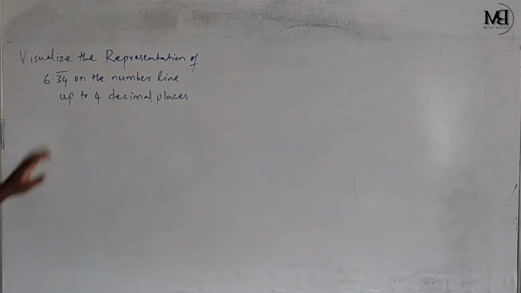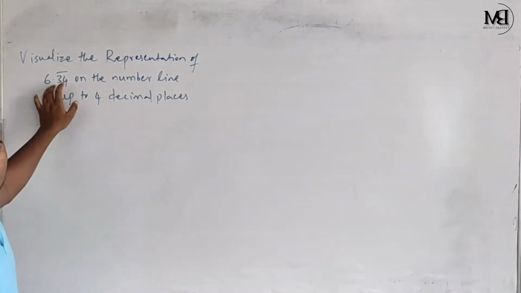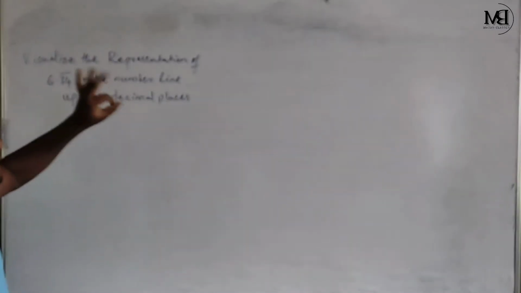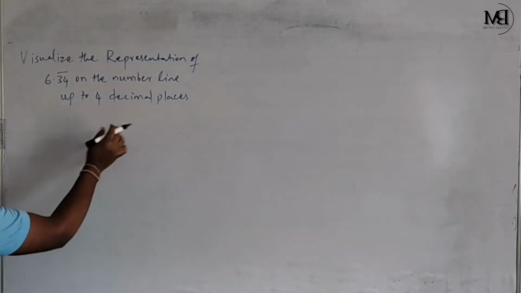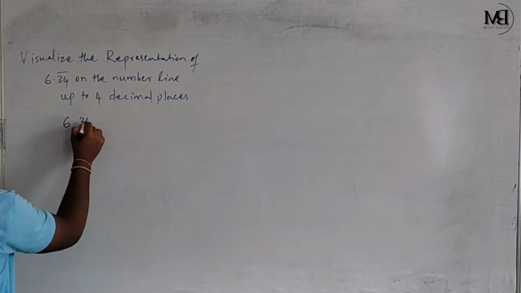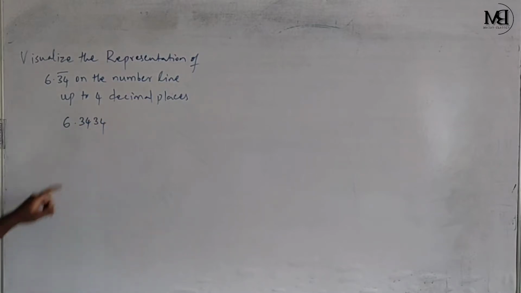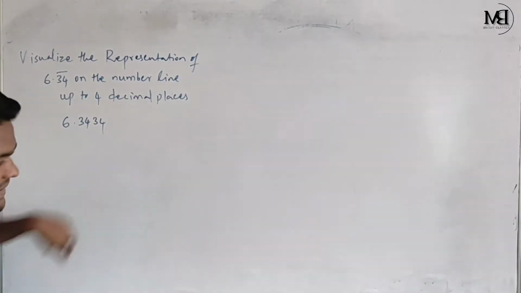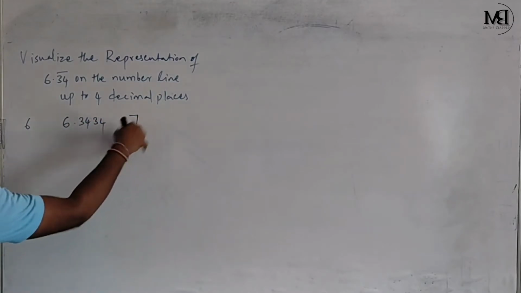Today we are going to represent this 6.34 bar on the number line. Firstly children, up to 4 decimal places means 6.3434. Okay. Children, this 6.3434 is in between 6 and also 7, right?